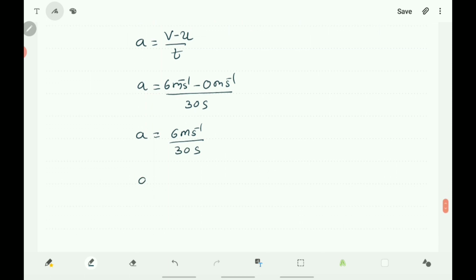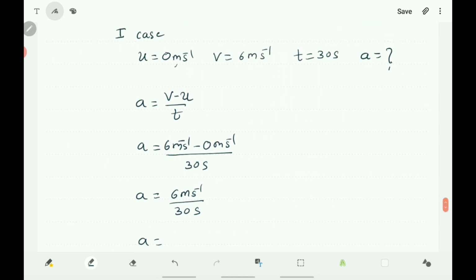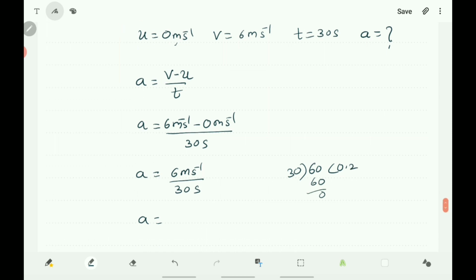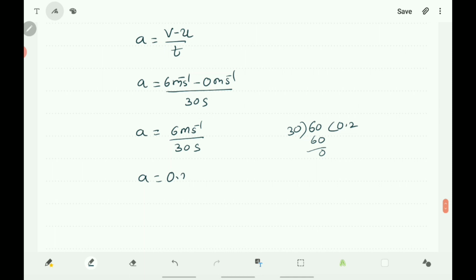Then it becomes a is equal to 6 divided by 30, so you will get 0.2 ms^-1 by s. So it is nothing but a is equal to 0.2 ms^-1.